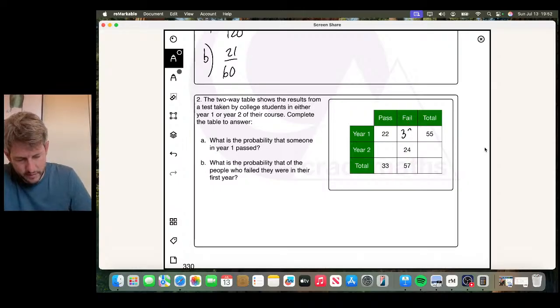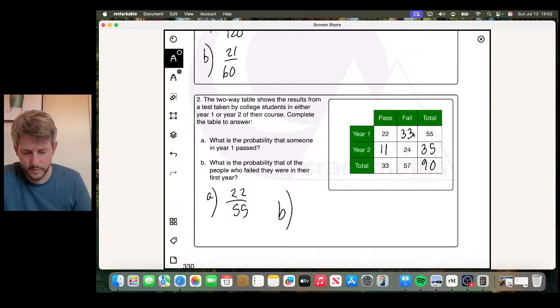Okay, so that's going to be 33. That's going to be 11. That's going to be 35. This is going to be 90. Now, what is the probability that someone in year 1 passed? Okay, so that's 22 out of 55. So I didn't need the table to answer that.